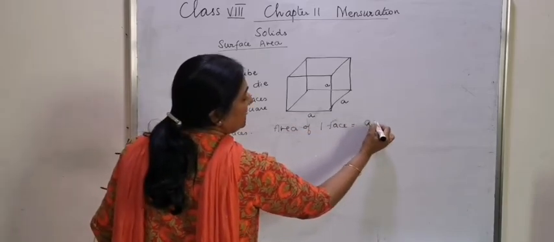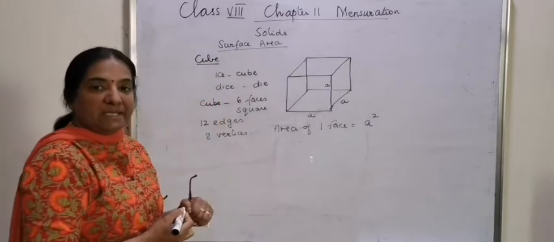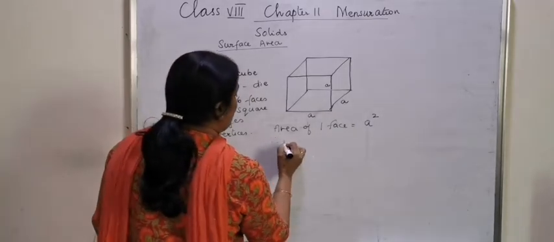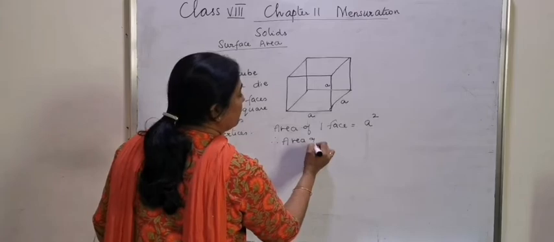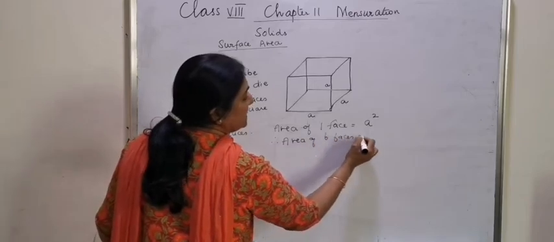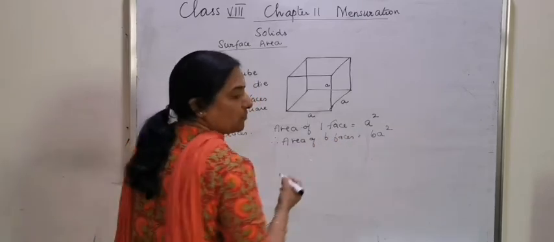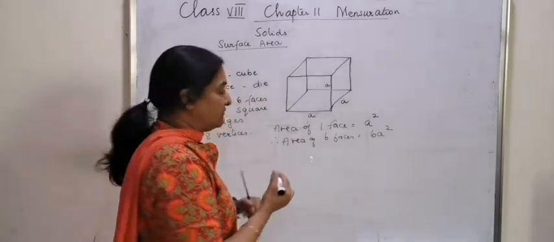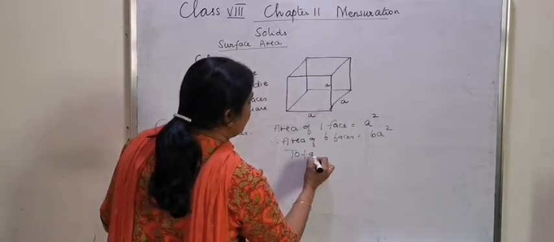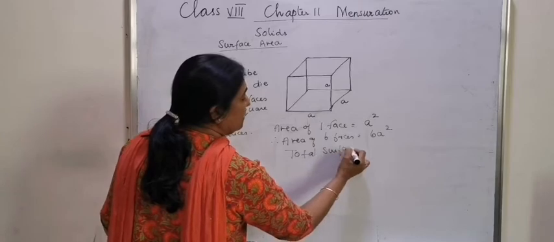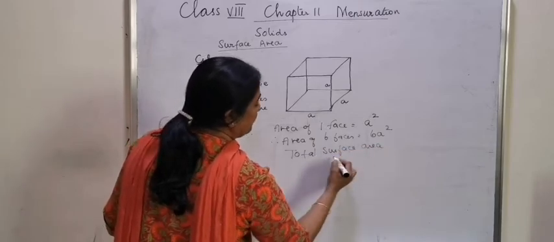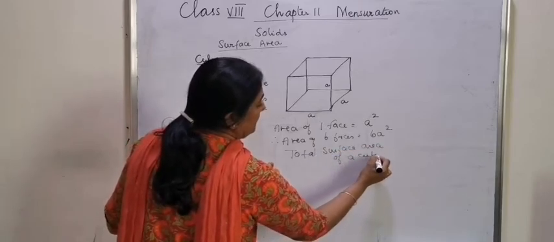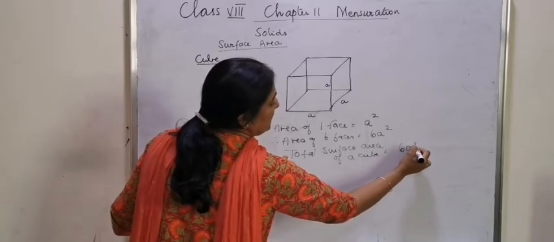It will be the area of a square, which is equal to a square. Therefore, what will be the area of 6 faces? It is 6 times a square. That is the total surface area of a cube. So, total surface area of a cube is equal to 6a square.